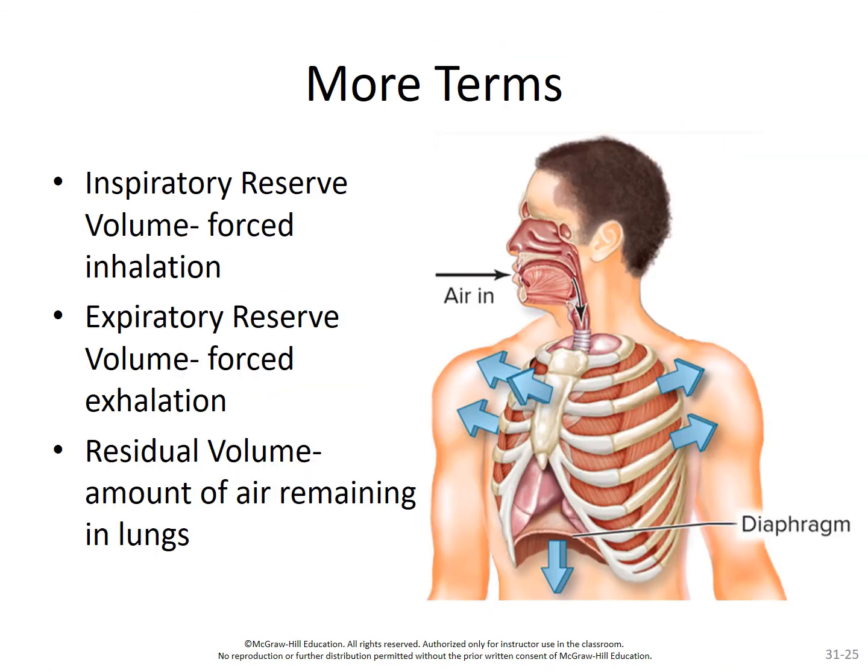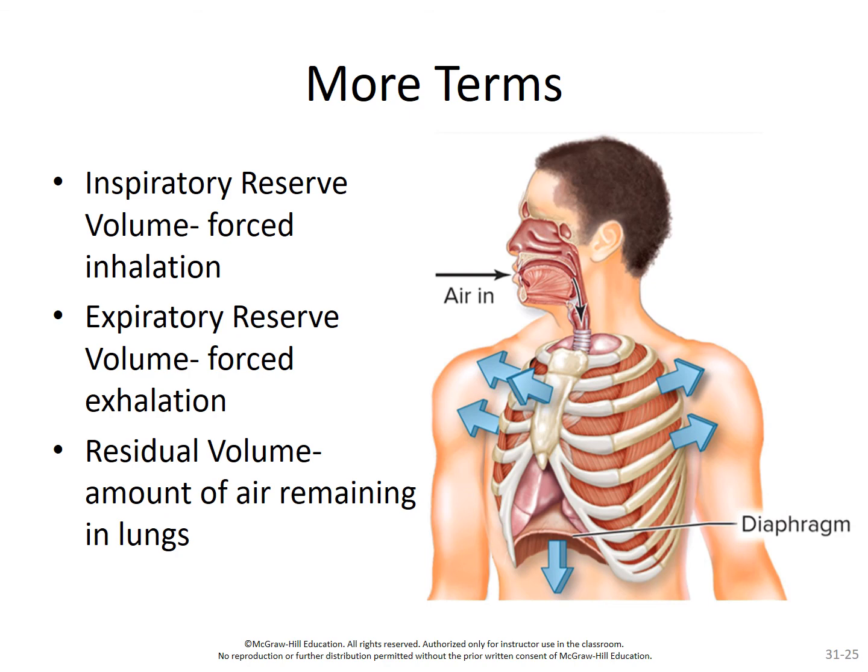There are other measures of ventilation. Inspiratory reserve volume, and this is indicated by the word reserve, is the idea that you want to be able to take in more air than just the tidal volume at need.